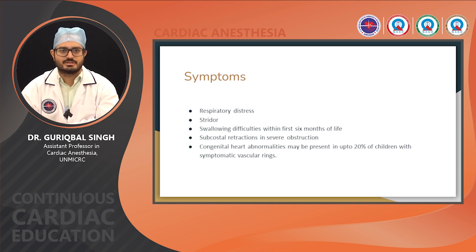So if the patient is having swallowing difficulty, there could be chances of regurgitation and aspiration, and subtle tachypnea can become severe in those cases. So they will also be prone to recurrent respiratory infections. Congenital heart abnormalities may be present in up to 20% of children with symptomatic vascular rings.